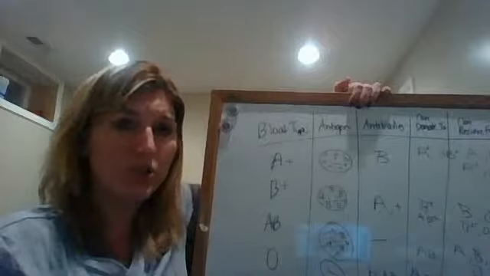Now, it plays a particular role when women are RH negative and they have a husband who's RH positive. If the woman is RH negative and the father is RH positive, the child has a 50% chance of being RH positive, which basically means the woman could have an immune response to her own baby. So it's important for RH negative mothers to know their blood type.